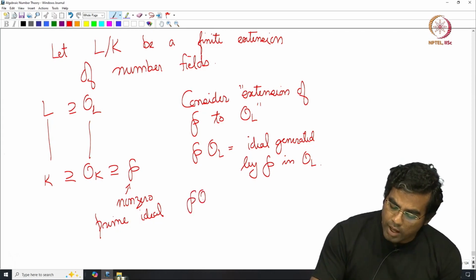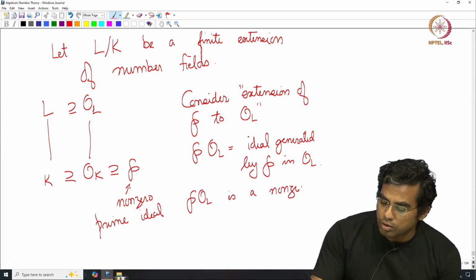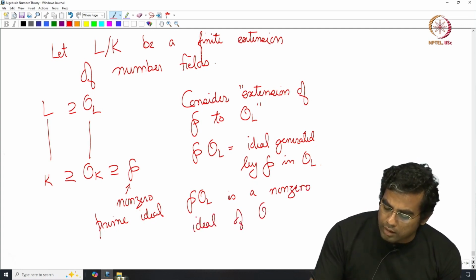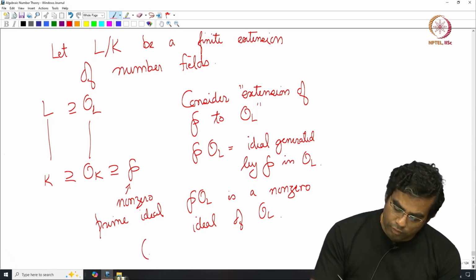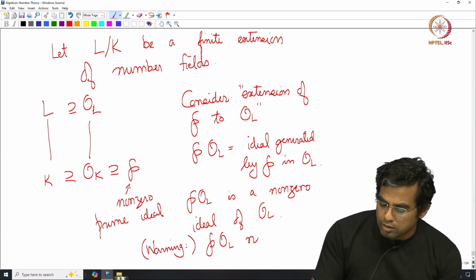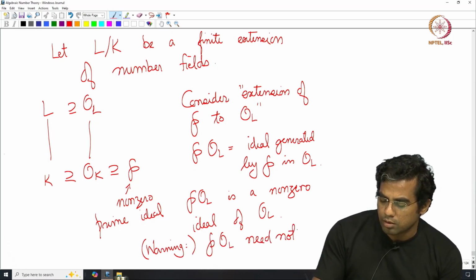So, POL is a non-zero ideal of OL. Okay, and a warning that POL need not be prime.